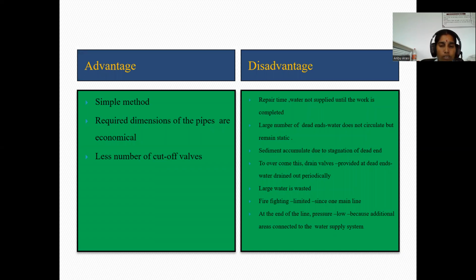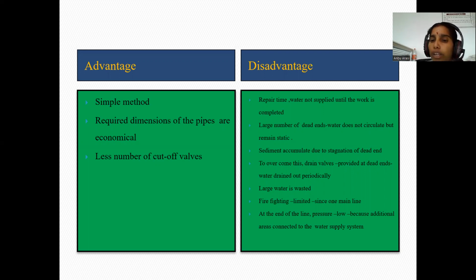Advantages and disadvantages of dead-end system. Advantages of dead-end system are: it is a simple method, the required dimensions of the pipes are economical, and fewer cut-off valves are needed. And disadvantages of dead-end system: during repair, water is not supplied until the work is completed. With a large number of dead ends, water does not circulate but remains static.